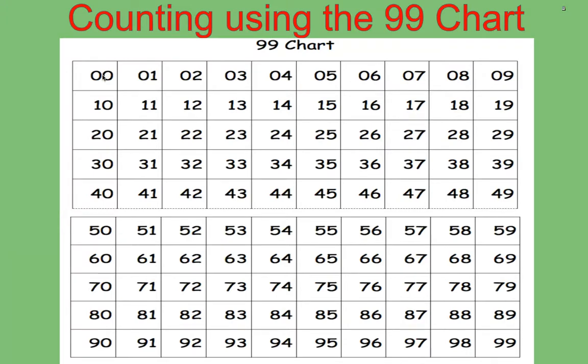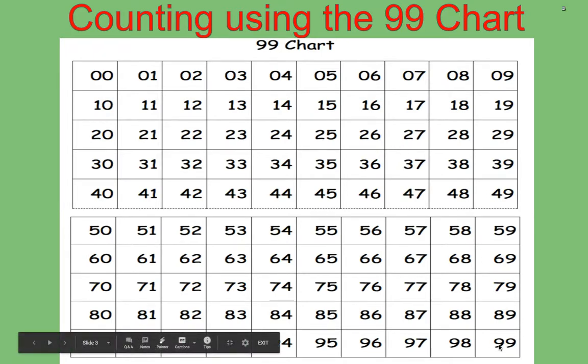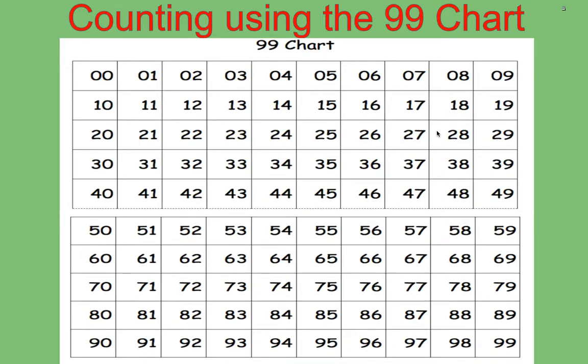I love to count. How about you? So a 99 chart goes all the way up to the number 99. So here we have groups of tens and ones that are written as two-digit numbers. Ready to move on? Let's move on.